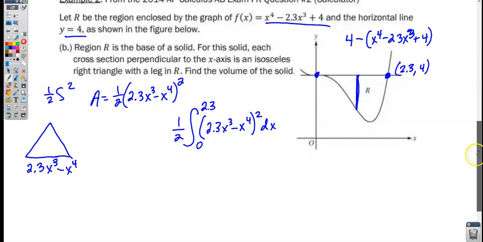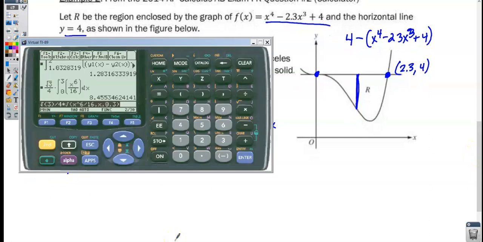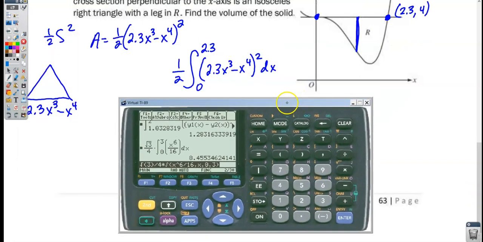And now I can go ahead and just calculate out the value of this integral to find the volume. 1/2 times the integral of the quantity 2.3 x cubed minus x to the 4th, that whole quantity squared, with respect to x, from 0 to 2.3.